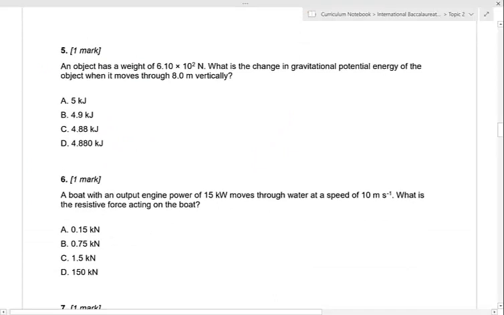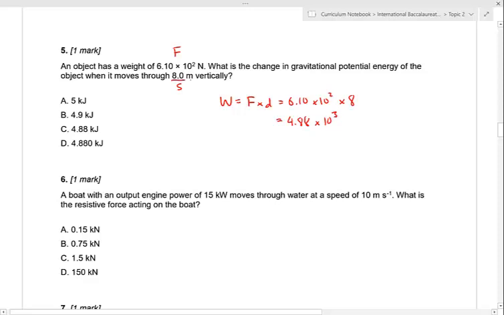Question 5. An object has a weight of 6.1 times 10 to the 2. What is the change in gravitational potential energy when it moves through 8 meters vertically? Okay, so we know F and we know d, or sorry, we'll call that s. Then it's being moved vertically, so we have work is equal to force times distance, which is equal to 6.10 times 10 to the 2 times 8, which is equal to 4.88 times 10 to the 3.